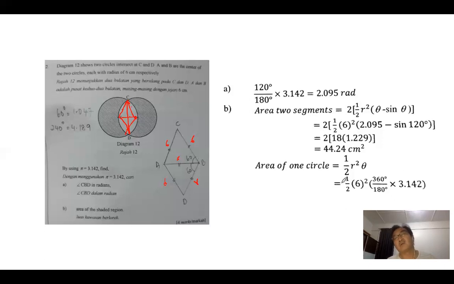So I think not complete. So you find the area of one circle, all right, and then this area. So actually it's 2 pi r square, huh? So pi r square. Okay, 2 pi r square, you minus 44.24, you get the area of the shaded region.